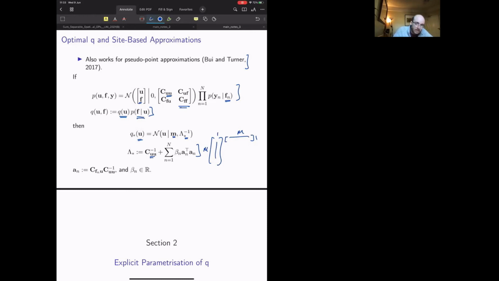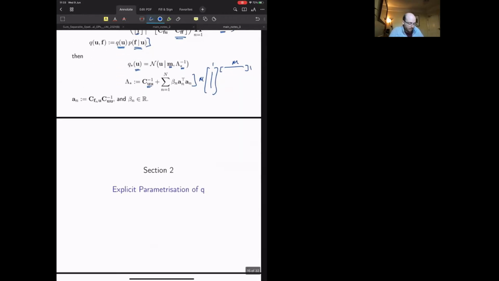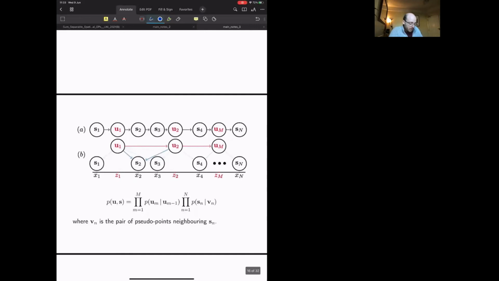Okay, so that's the background, and now we can get into exactly what they're doing in these papers. This is back again to the figure we had at the start.